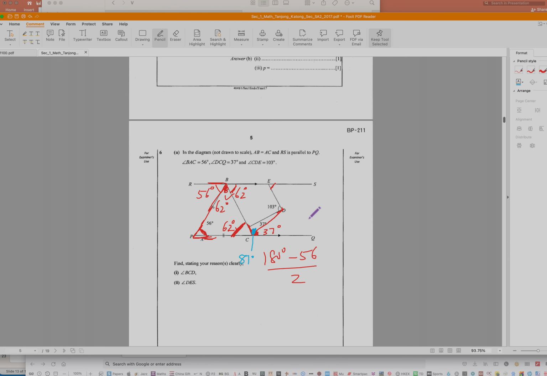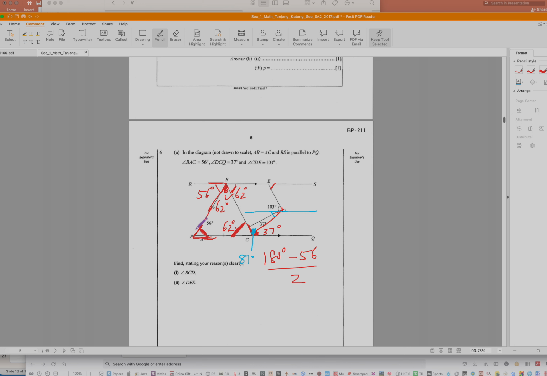Let me see if I add in whether it helps or not. So this one is 37. DES, I got 59 degrees. Hold on now. RS, where's RS?